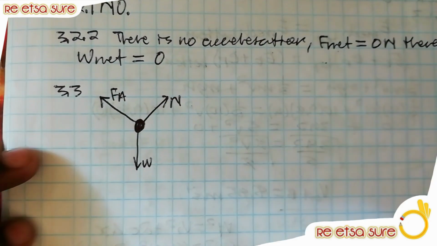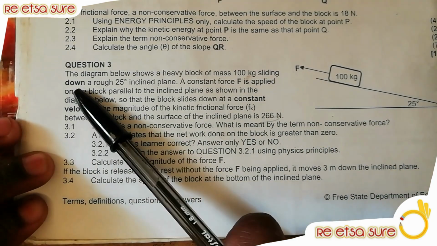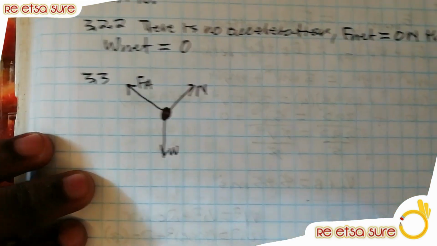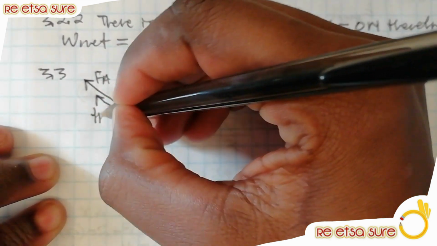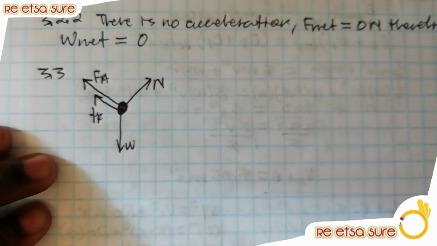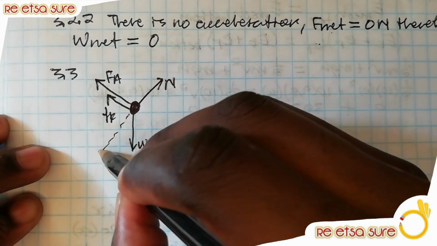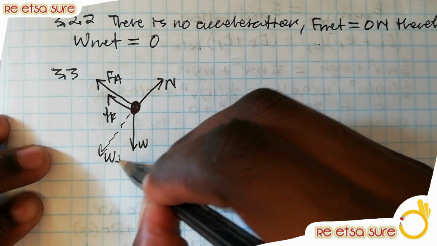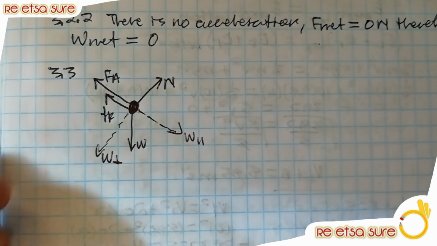Now remember, our object is sliding down, meaning friction is acting in this direction, not this direction, because our object is going this way. So friction opposes the motion of the object. Now let's break the components. We have weight perpendicular and we have weight parallel.